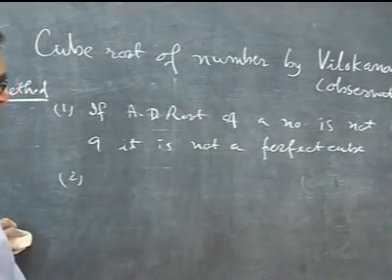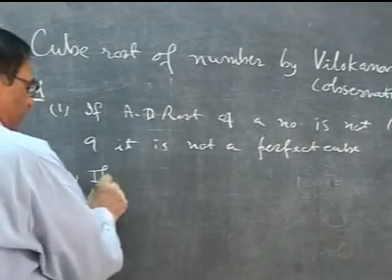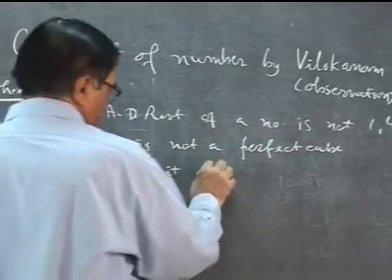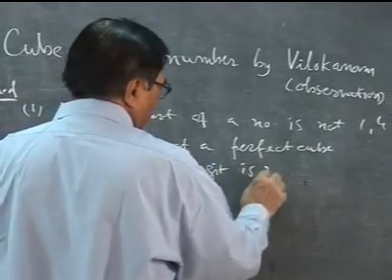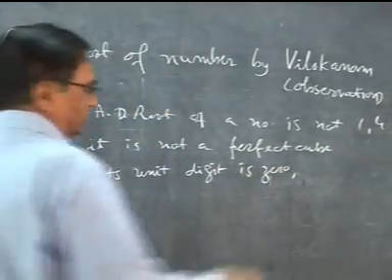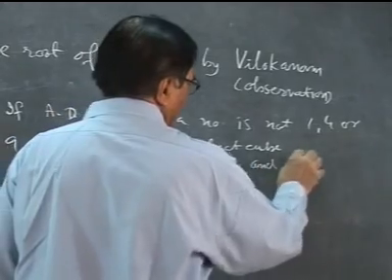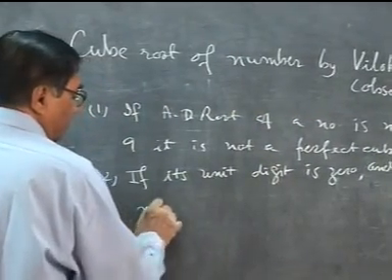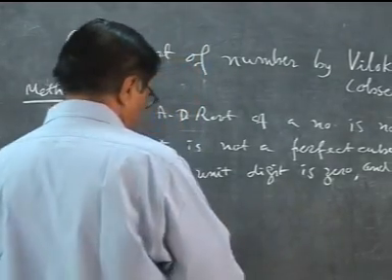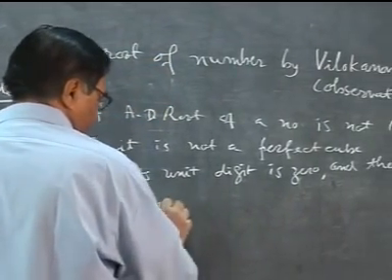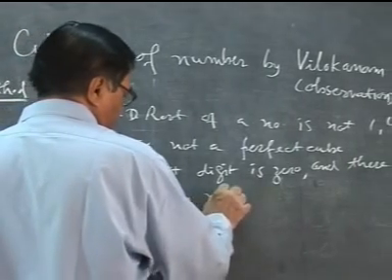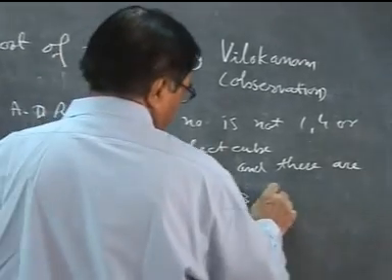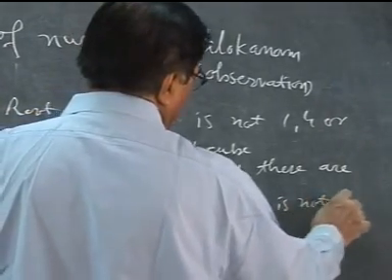Two: if its unit digit is 0 and the number of zeros is not a multiple of 3, it is not a perfect cube.